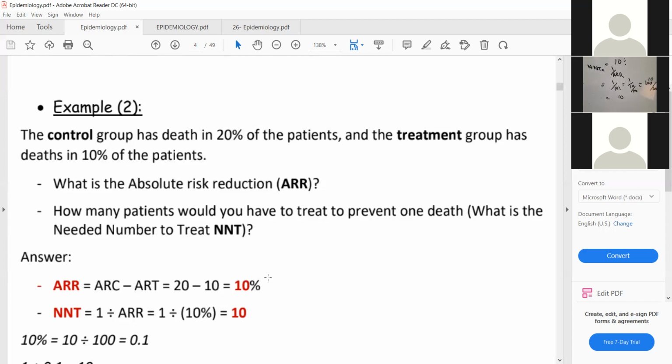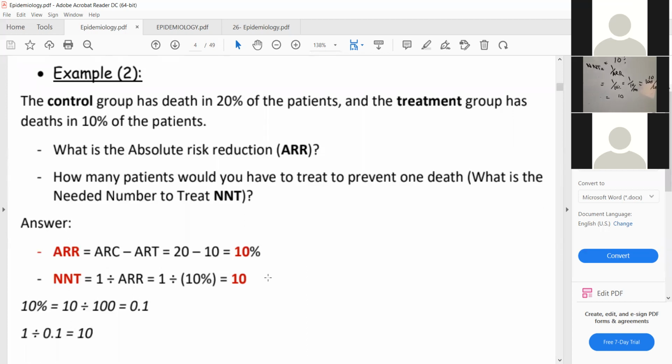Did you get this point? So the NNT here is 10. So what is the exact meaning of absolute risk reduction? Absolute risk reduction means the reduction of the risk after treatment.